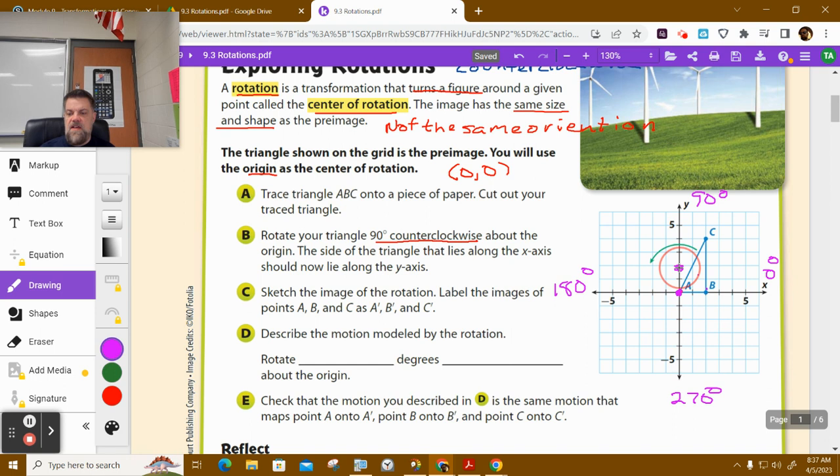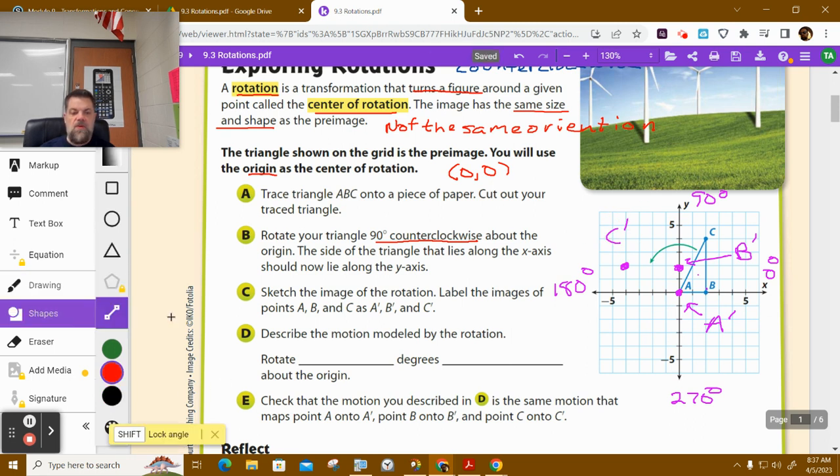So this would be B prime. I'm going to draw a little arrow there. That's B prime. This is A prime. And then C rotates. And this is the tricky part, C is 1, 2, 3, 4 units away from B prime. So you're just going to go 1, 2, 3, 4. And so that's C prime.